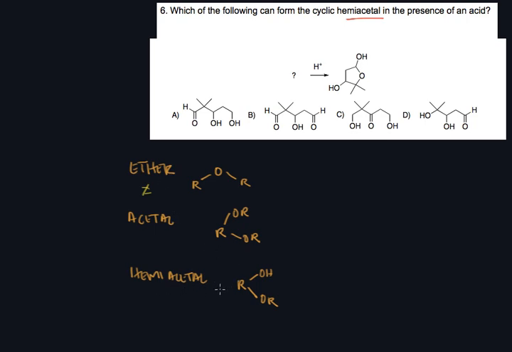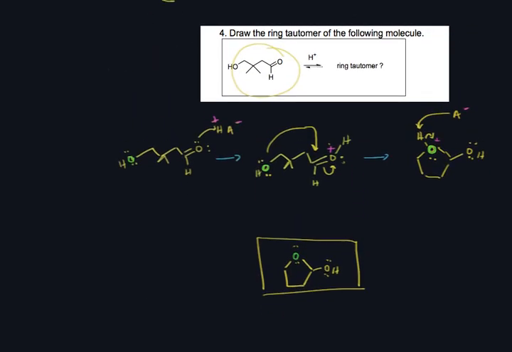And so a hemiacetal is where you have an R group that is bound to an OR group and also an OH group. This is a hemiacetal right here. This is the carbon that we're talking about. It's bound to an OR group and it's also bound to an OH group. And if you remember, I'm going to scroll back up to example number 4 here.